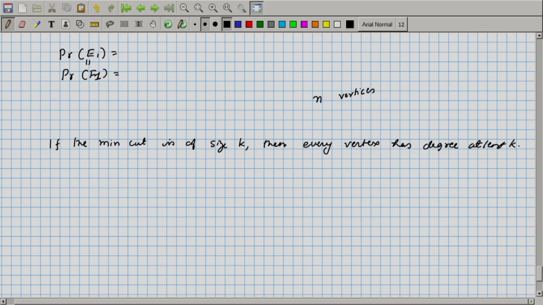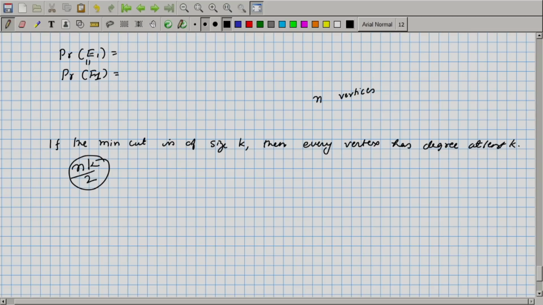If this was not the case, then we could get a smaller cut. That means the total number of edges is at least nk by 2, since each edge is counted for 2 vertices. So, there are at least these many edges in the graph.